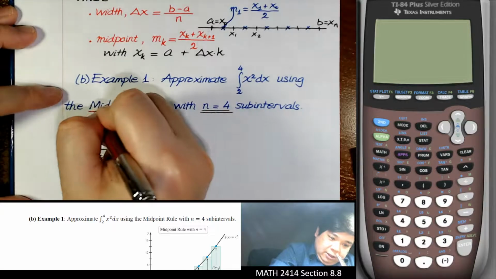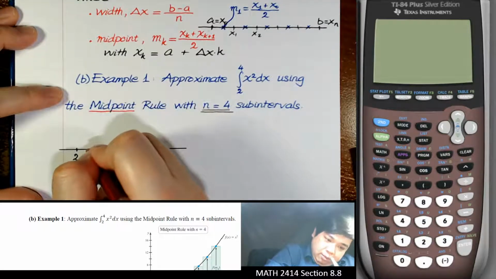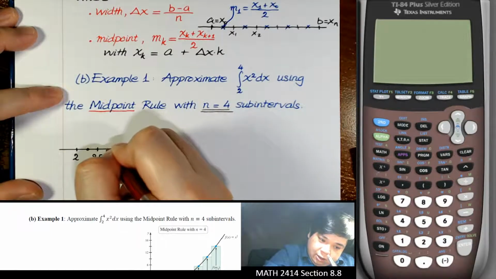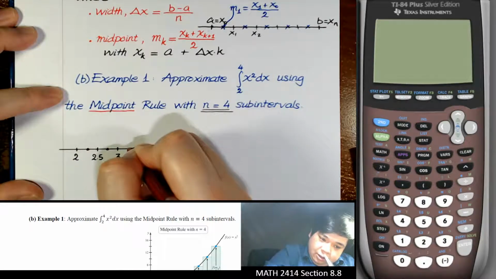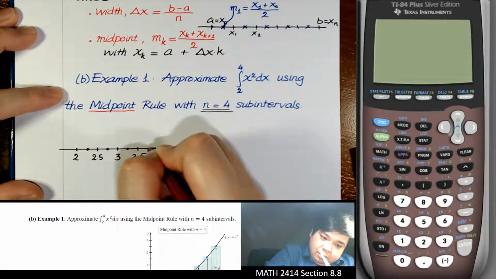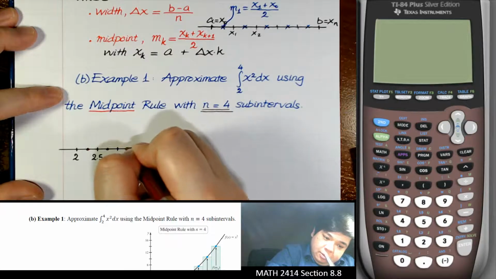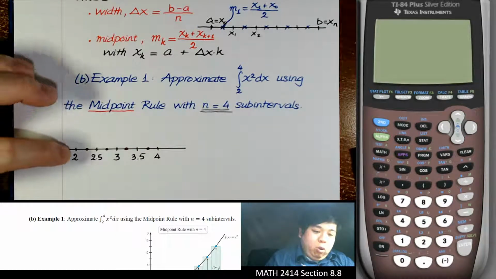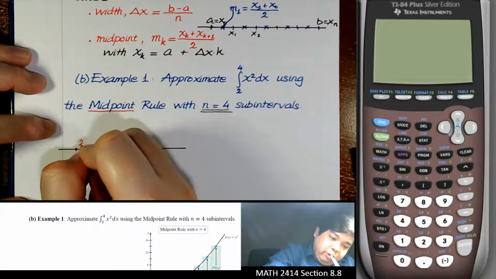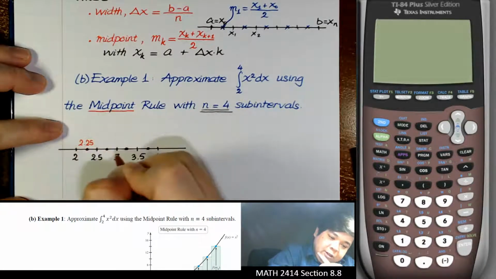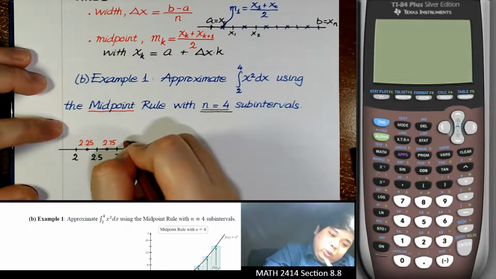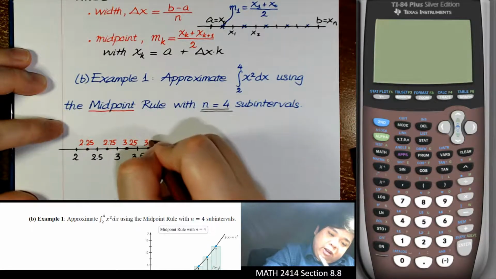So the midpoint of 2 and 2.5 is 2.25, 2.75, 3.25, and 3.75.